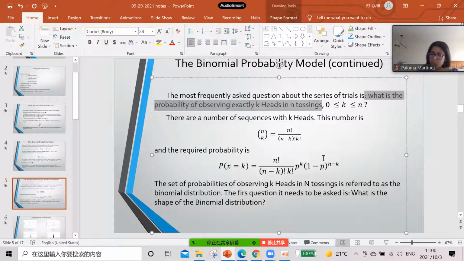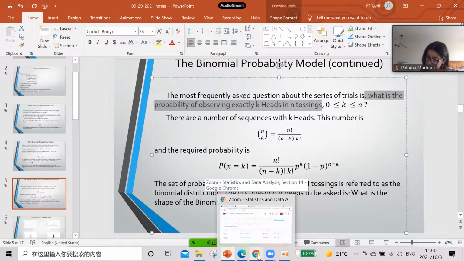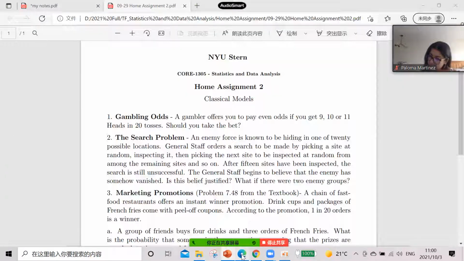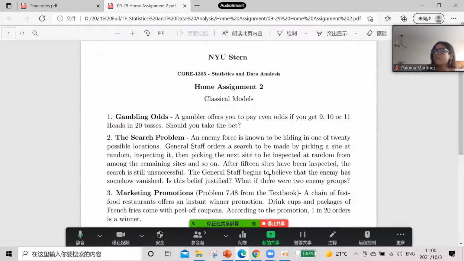And then you calculate the probability of observing 11 heads in 20 tosses, and you sum up your answers and compare the final answer to 50%. If that's higher than 50%, you will agree to gamble. If it's lower than 50%, you will not agree to gamble. So pretty much that's how to solve this problem.